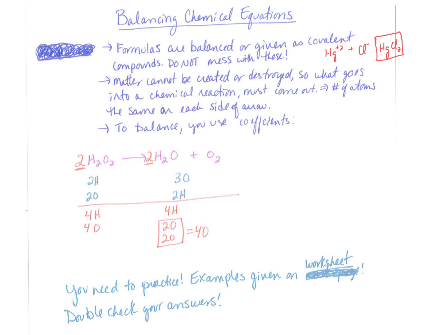So whatever you're putting into a chemical reaction on the left side must be the same thing on the right side. So when we go to balance, we use coefficients, and coefficients are things that go in front of formulas. So for example, if we have H2O2, and we're going to make H2O and O2.